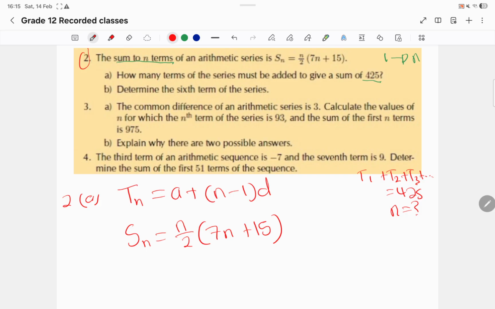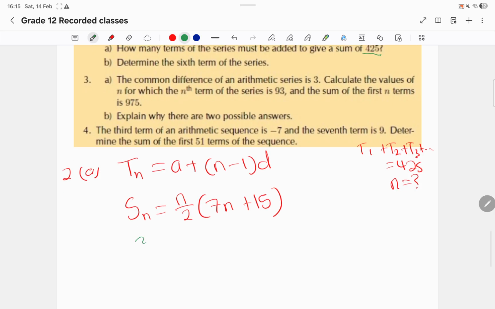But from our formula, what do we know? We've been given the sum, which is Sn. So we do know that our sum is 425, but we don't know what n is. We are going to take these values and substitute into the equation that we've been given.